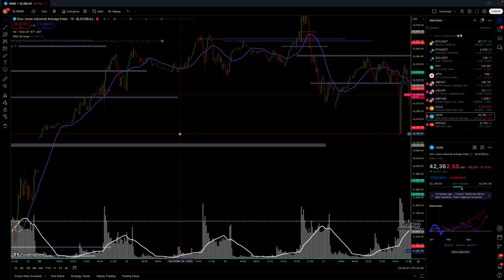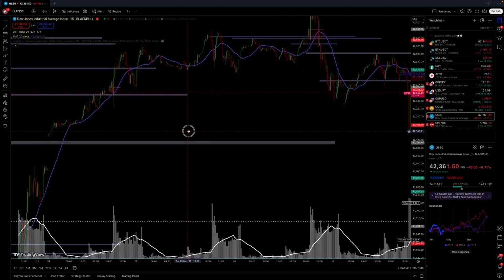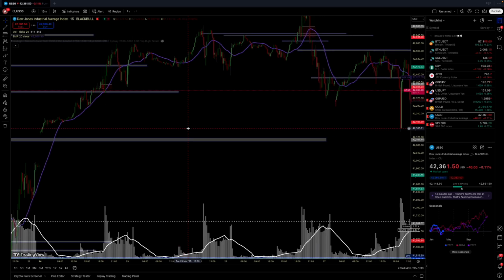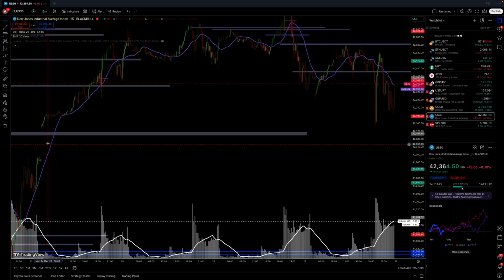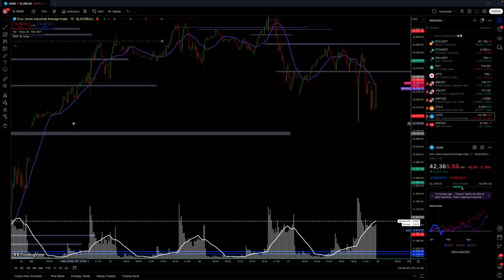But if US30 keeps continuing the bearish momentum tomorrow, I will be extremely confident to short US30, because there is a huge gap over here. You can consider this an imbalance which has to be covered by the market.